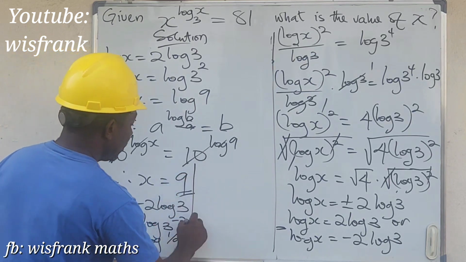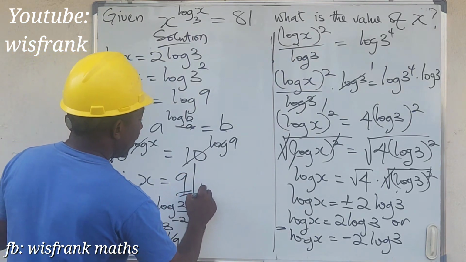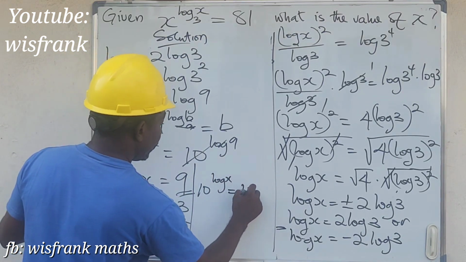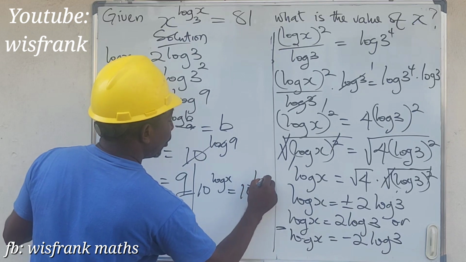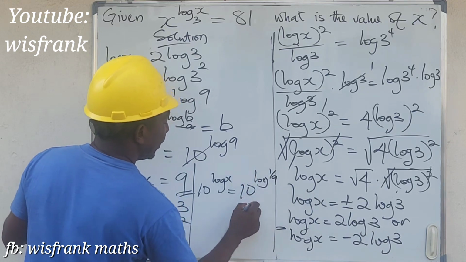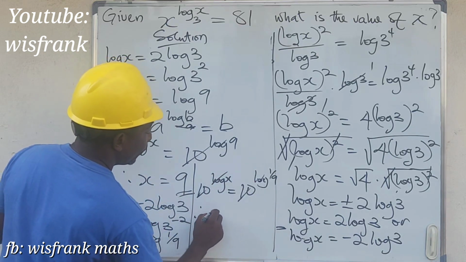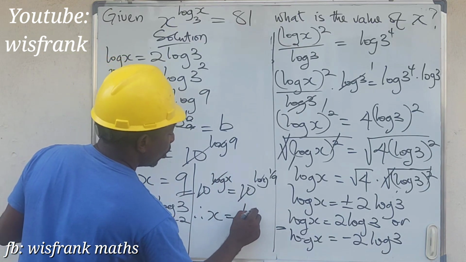So the same thing that we did here, we have 10 to the power of log x equals 10 to the power of log 1 all over 9. So this will cancel here and this will cancel here. Therefore, x equals 1 all over 9.